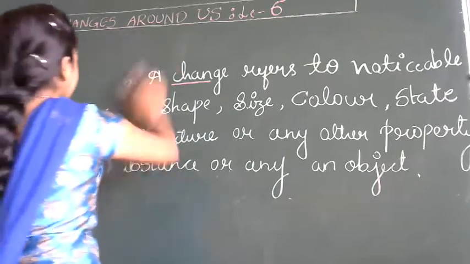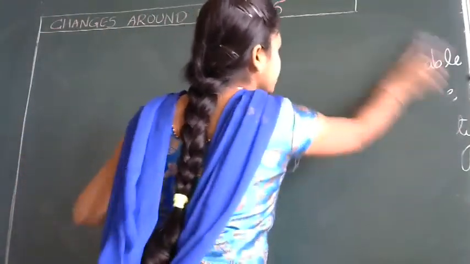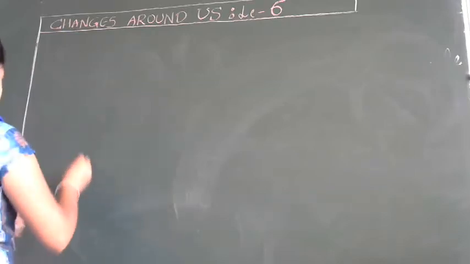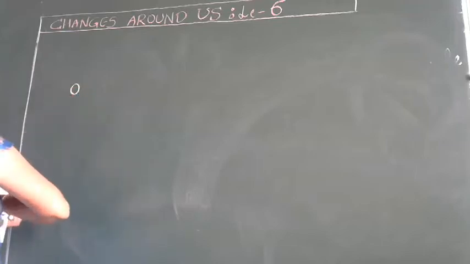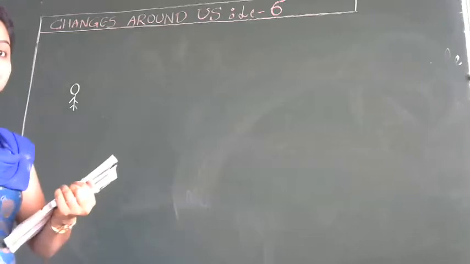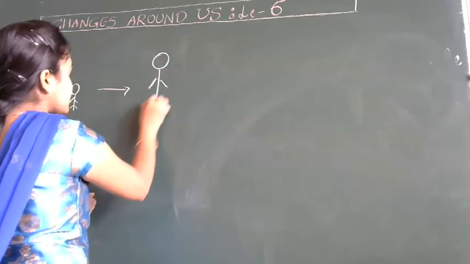Now we move to the further concept of this topic. Yes, here I have some more examples. So babies, you have seen babies. Babies become adults. That is also one kind of change.